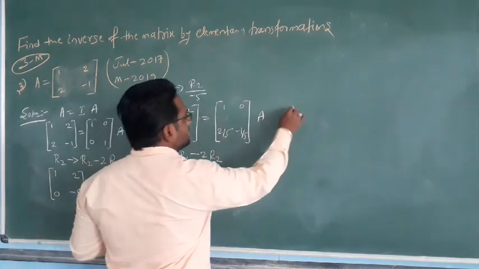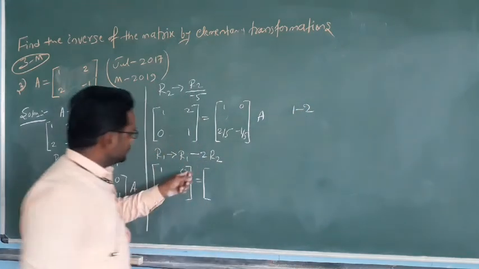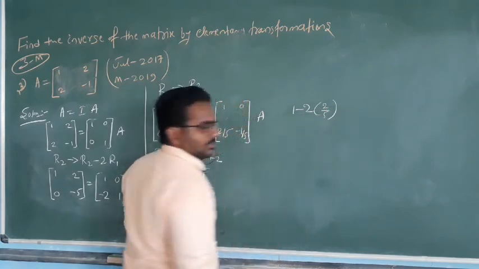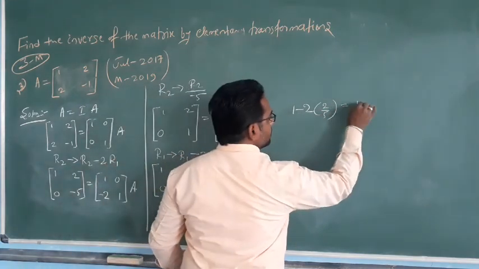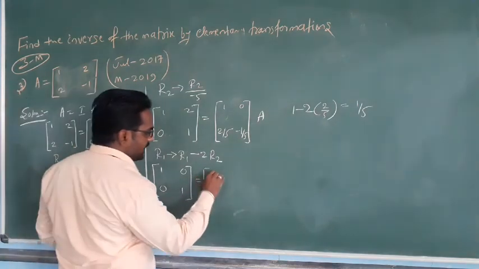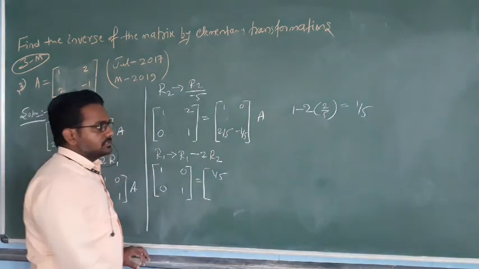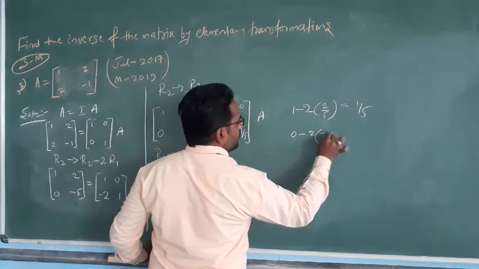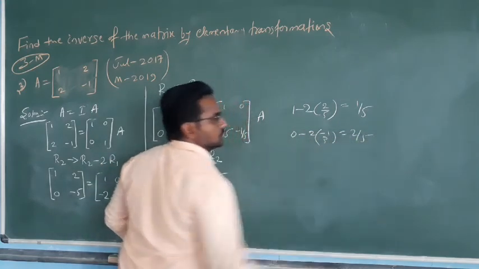So what is R1 here? 1 minus 2 into R2 element, that is 2 by 5. So 5 minus 4, that is 1 by 5. So you get the 1 by 5 here, students. Next, 0 minus 2 into minus 1 by 5, we get the positive 2 by 5.